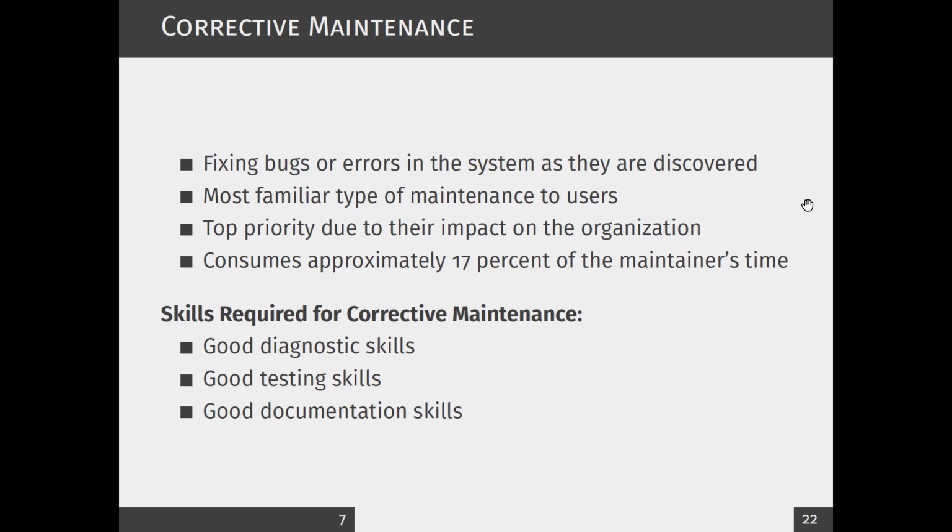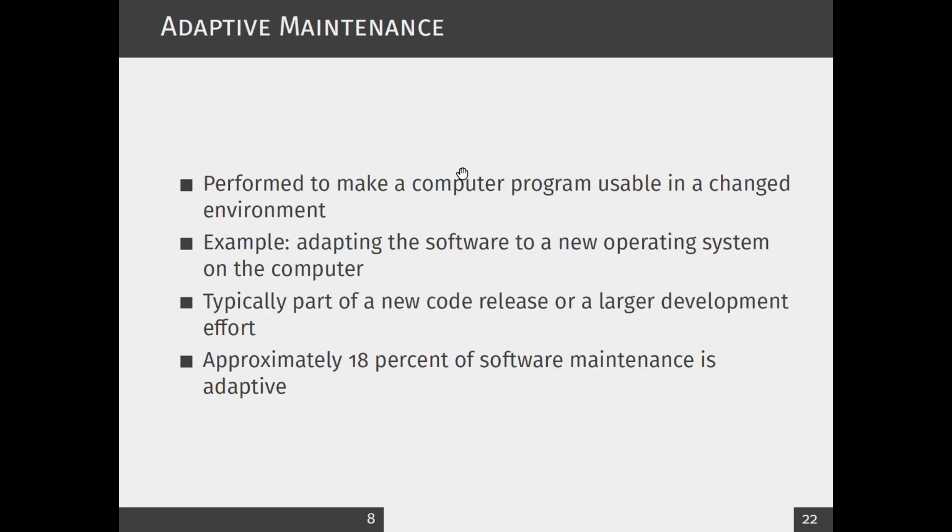Now that we have understood corrective maintenance, let's look at the second type. The second type of maintenance is what we call adaptive maintenance. This usually comes with a change of the environment. Usually, you develop the software for one system. For example, let's say you develop a software for a Windows environment.